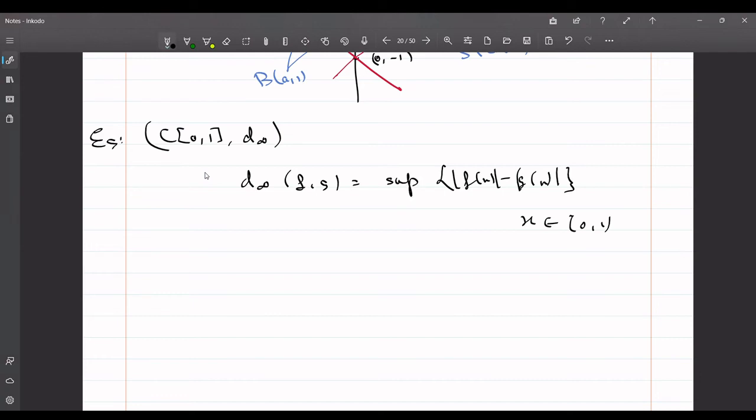Clear? Okay. And now suppose we choose this function f(x) as x square. This obviously belongs to C[0,1], right?